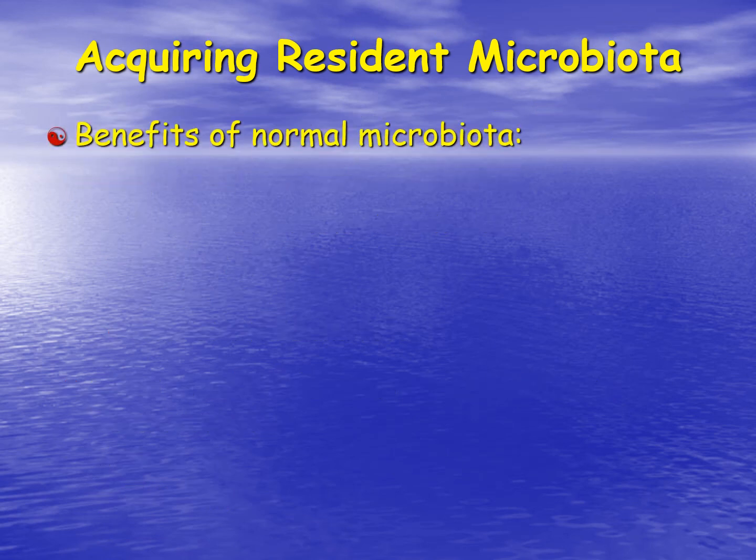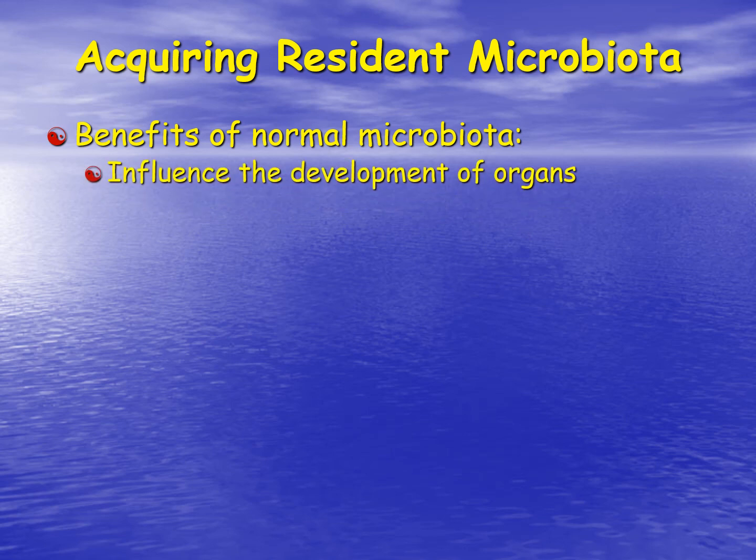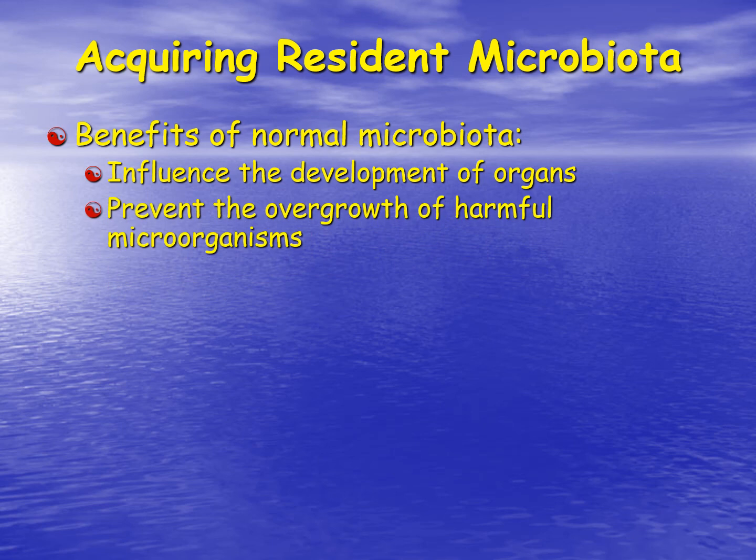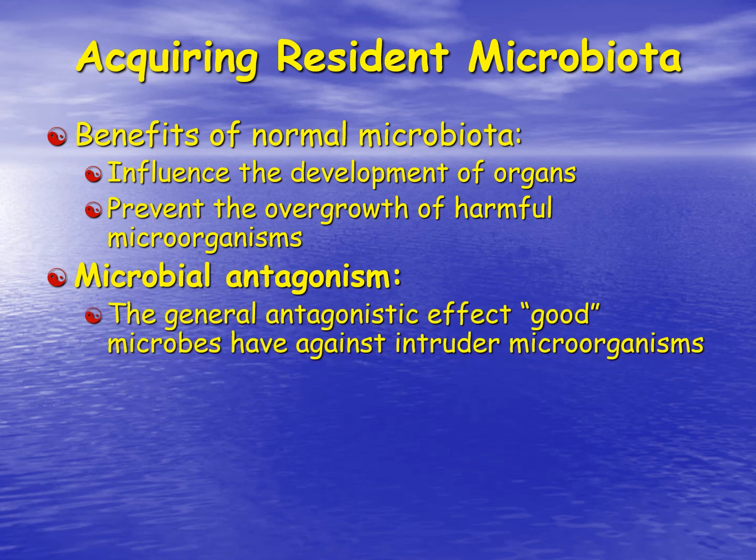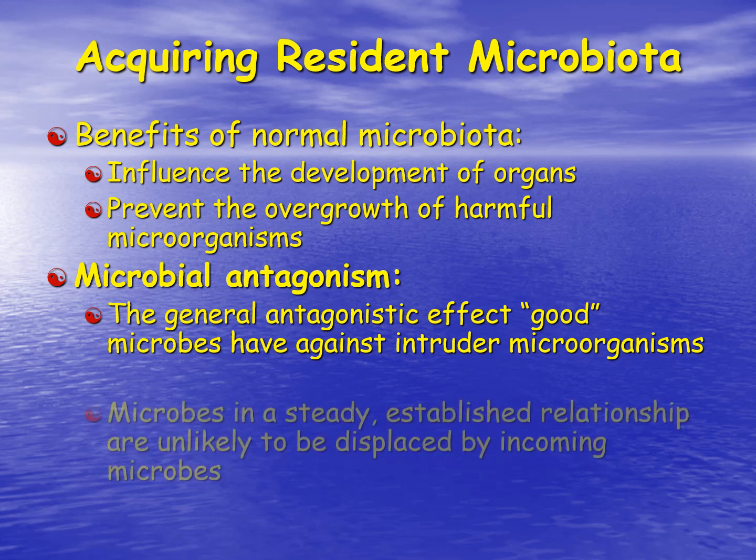Now, benefits of normal microbiota include influencing the development of organs. It prevents the overgrowth of harmful microorganisms that try to invade. This is through the process known as microbial antagonism. The general antagonistic effect of the good microbes is a good effect against these intruder microorganisms.